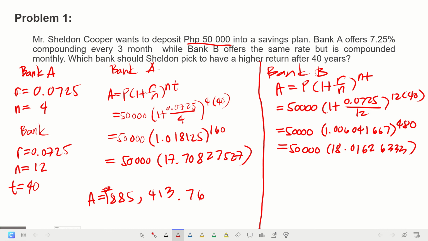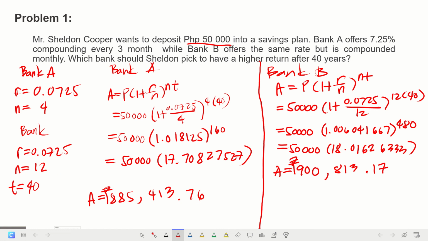Times 50,000 is equal to, so sa Bank B, magre-return siya ng 900,813 pesos, 0.17 centavos. So, therefore, Sheldon should choose Bank B if he wants to have higher return after 40 years.